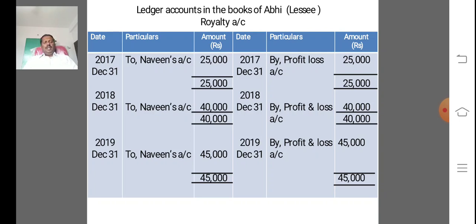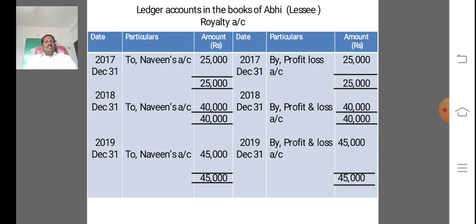One is royalty account, another one is short workings account, and another one is landlord account. So first I prepare royalty account.